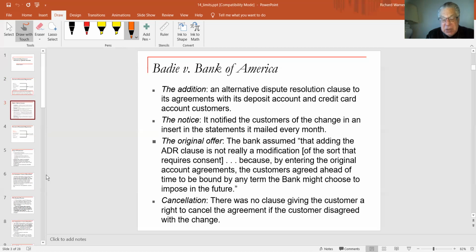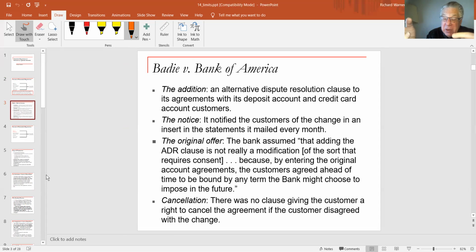The notice they send out is just in the paper mail statement, and the bank says, as the court notes, the bank decided that, well, this is not a problem, right? We have the right to do this because just like in the Purdue case, the bank, Crocker National Bank in the Purdue case, we put the right to make this change in the offer itself. Right?